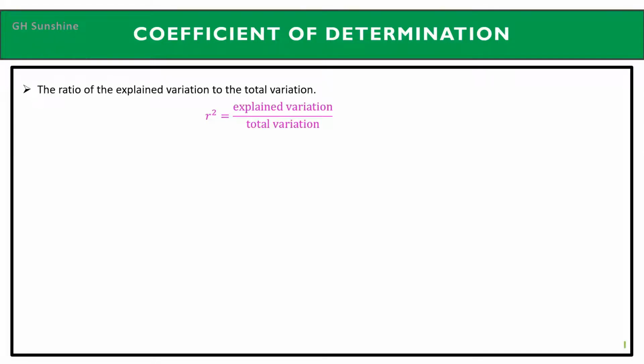In the previous example, you learned how to calculate Pearson's product moment correlation coefficient, denoted by R. Coefficient of determination represents the ratio of the explained variation to the total variation, denoted by R squared.